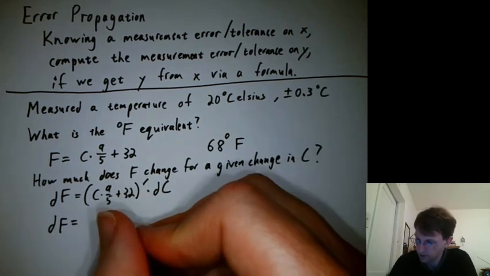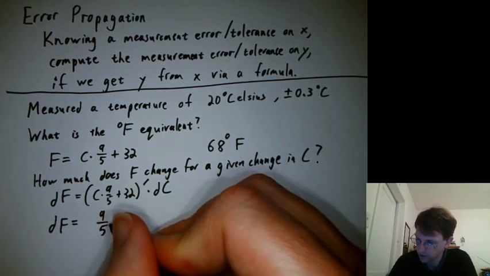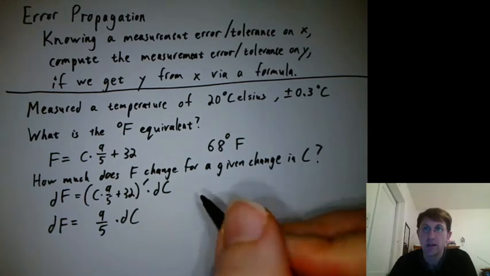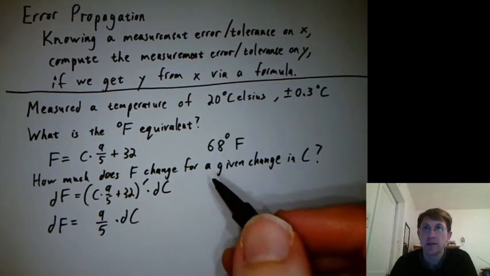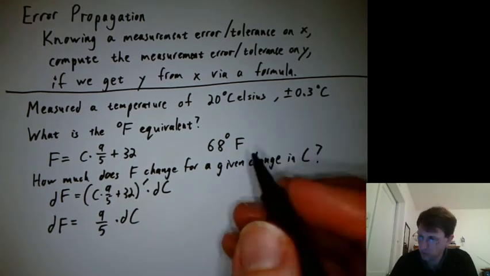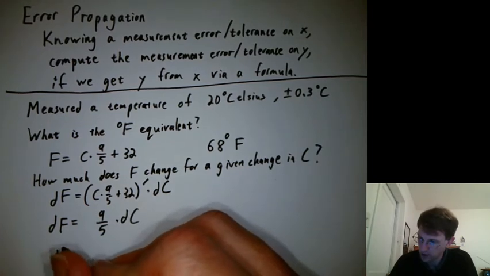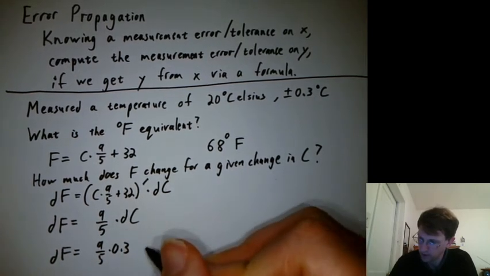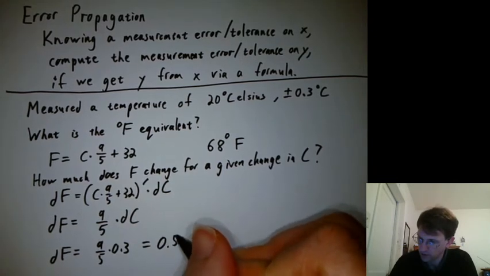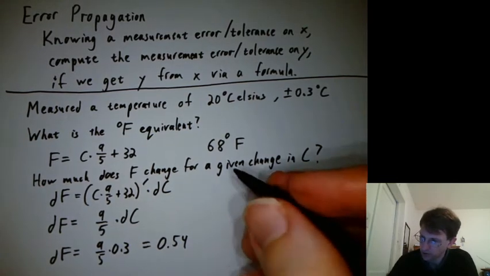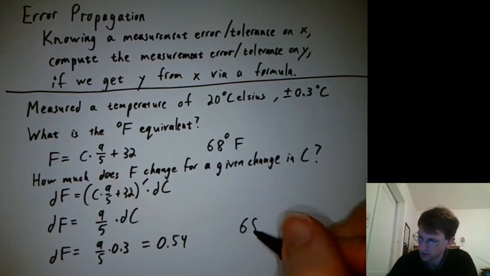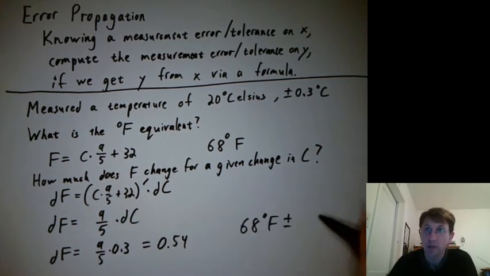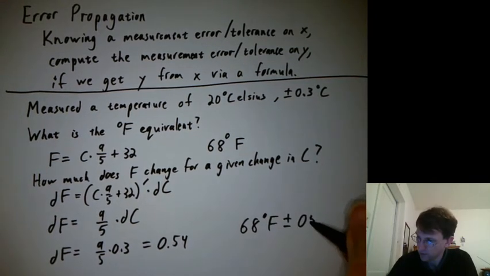It's just 9/5 times dC. What is dC here? It's plus or minus 0.3. So dF is 9/5 times 0.3, which is 0.54. So this would be 68 degrees plus or minus 0.54 degrees Fahrenheit.